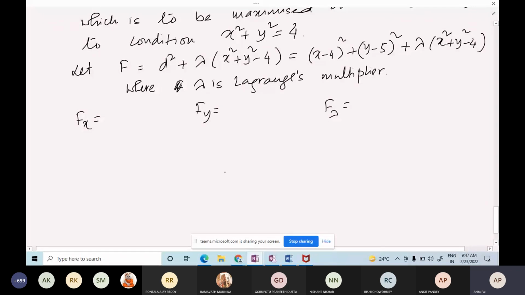If you find fx, fy, f lambda and put them to 0, you will get the stationary point: x equals 4 by (1 plus lambda), and y equals 5 by (1 plus lambda). So as we have done the previous sum, in the same manner you have to now proceed. You have to get the points first.